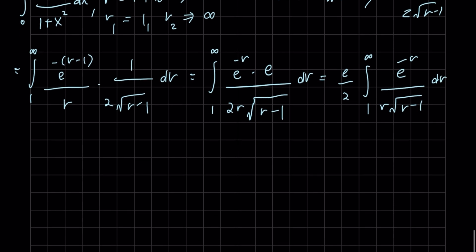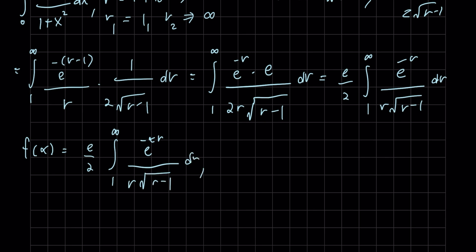And from here we could define f of alpha is e over 2, integral from 1 to infinity e to the negative alpha r over r times square root of r minus 1 dr. And then we would differentiate with respect to alpha.